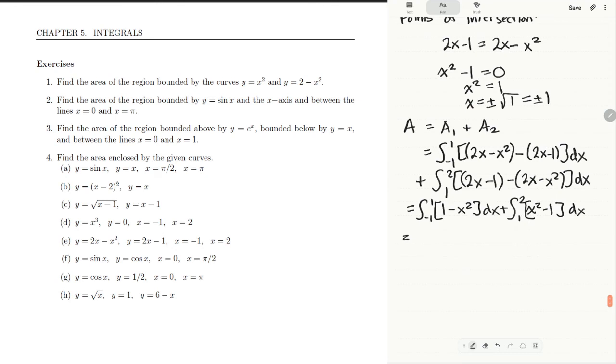So now we can find the antiderivative. So we have x minus x cubed over 3 evaluated at 1 and -1 plus x cubed over 3 minus x evaluated at 2 and 1.